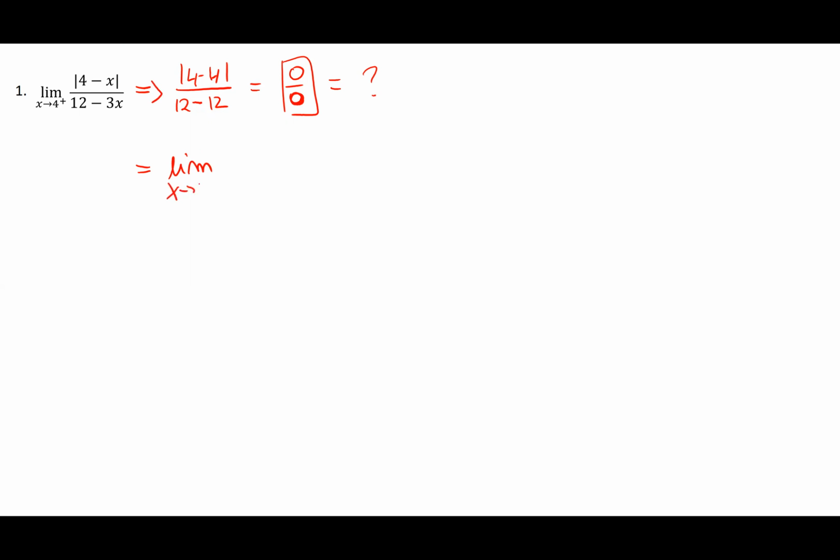Limit as x goes to 4 from the right-hand side. First of all, I nicely see that I can factor out 3 from the denominator, 3 times 4 minus x. Excellent. And then I do have 4 minus x in the absolute value, but I would like to rewrite without the absolute value. It's also a good thing that I have a line, constant and x.